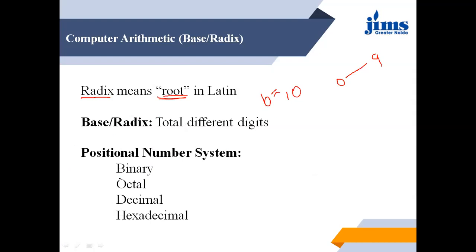Same in the case of binary, there are two digits 0 and 1. In octal there are 8 digits, 0 to 7. In hexadecimal there are 16 digits, that is from 0 to 15. So this is the concept of base or radix that represents the total different digits in a number system.